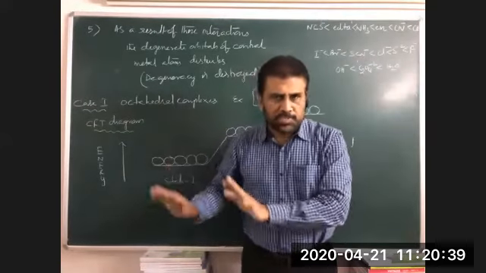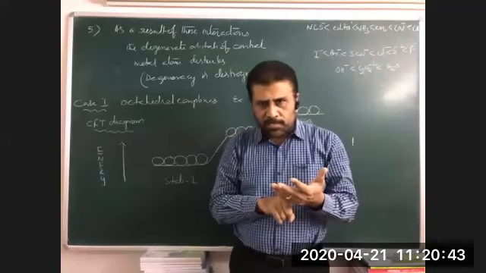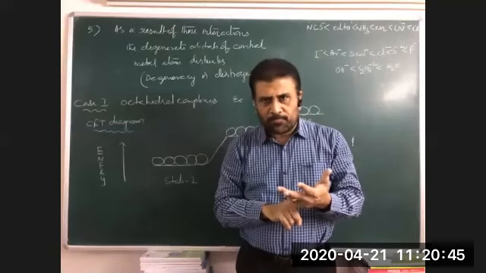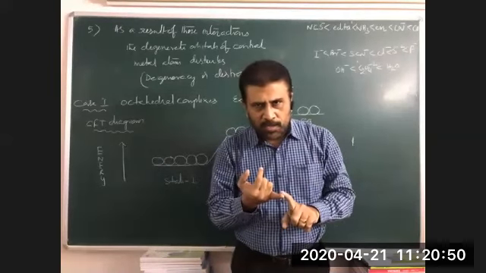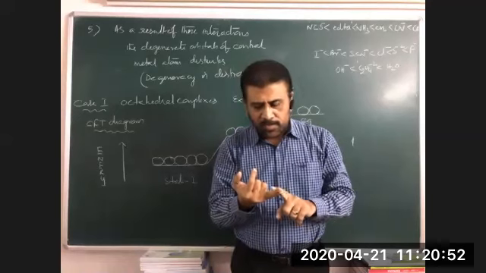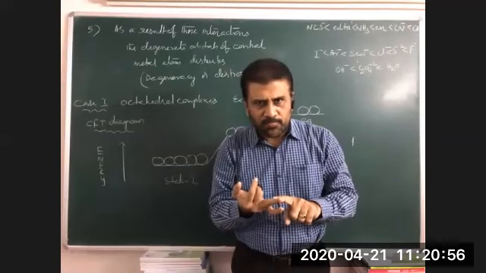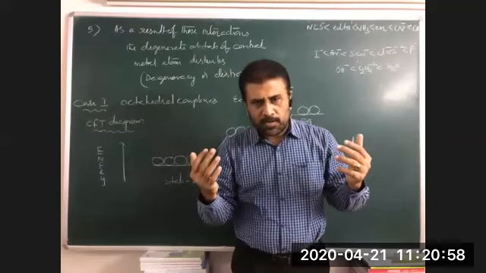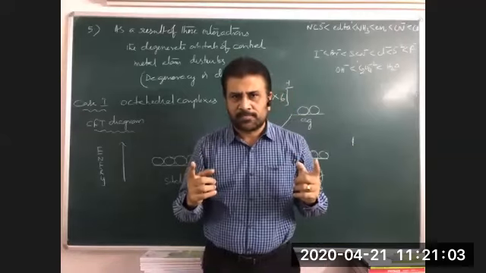Now, keep this aside. Come back to d orbitals. There are 5 degenerate orbitals. You know very well, the 5 degenerate orbitals are dxy, dyz, dzx, dx square y square, and dz square. If you remember well, dx square y square and dz square are along the axis.